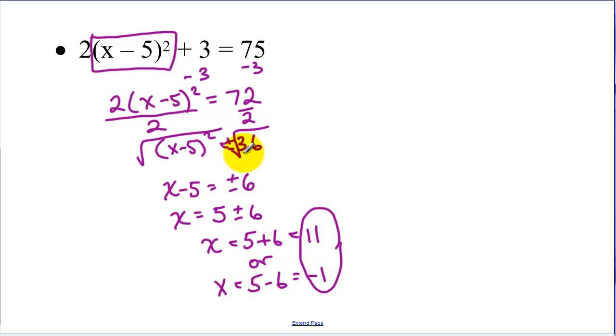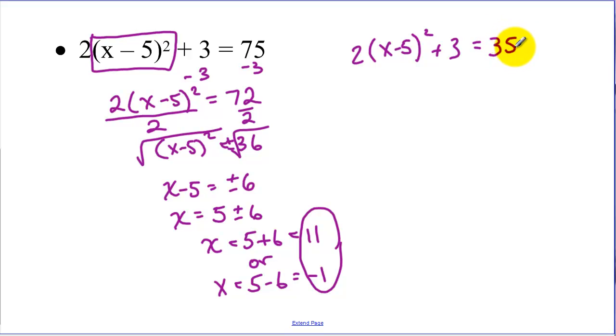If this had not been a perfect square, we would leave it in radical notation. So let's say this had been, I don't know, 73. Let's just rewrite it here. Let's make it a smaller number. 35 maybe.